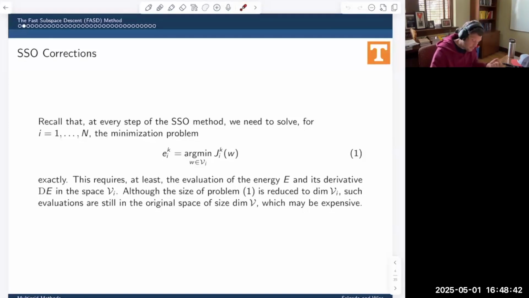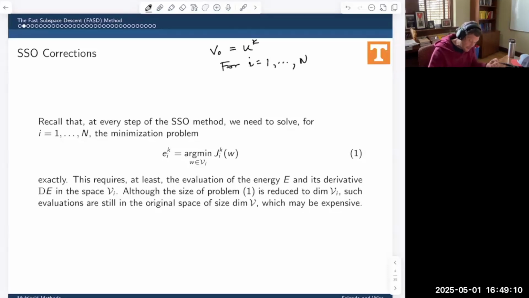We started off by saying V0 is equal to U^K, and then we got inside of a loop: for i equals 1 to n, right?